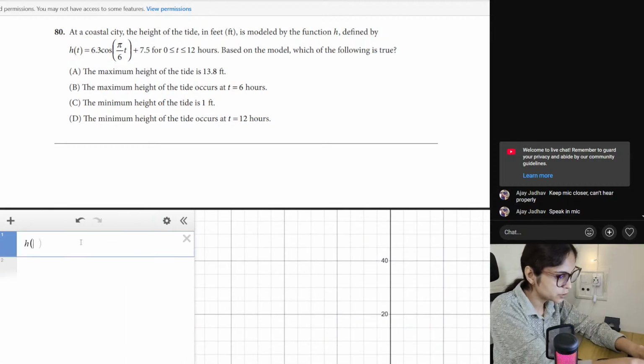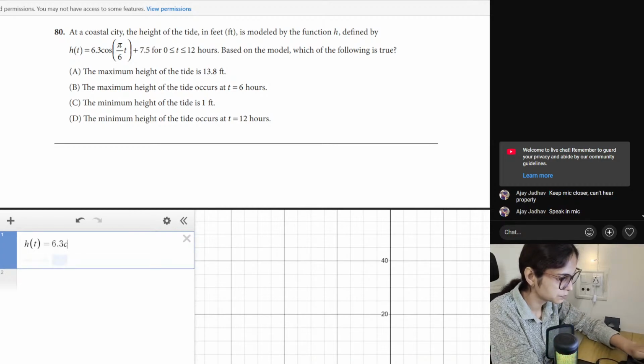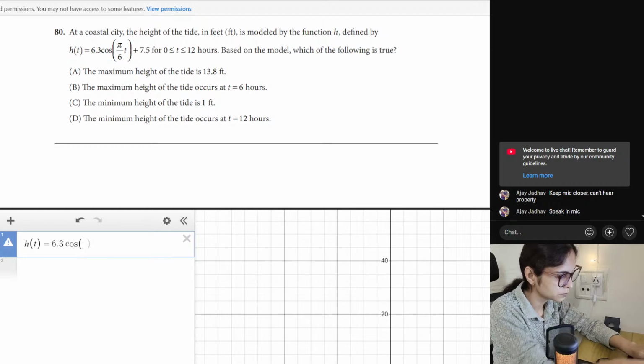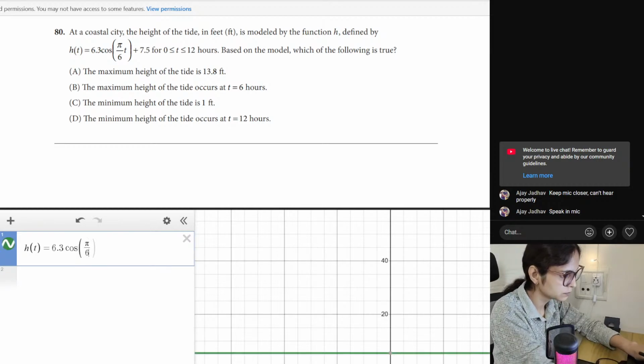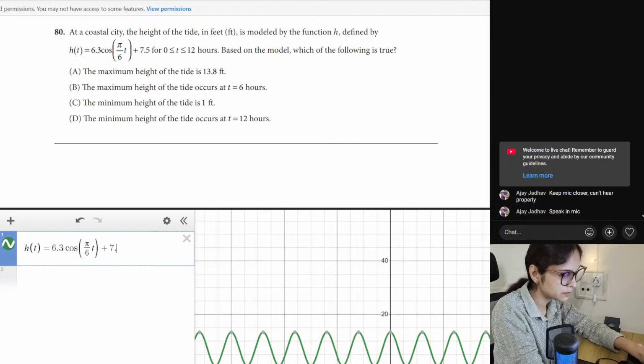So you have h of t is equal to 6.3 cosine pi over 60, plus 7.5.